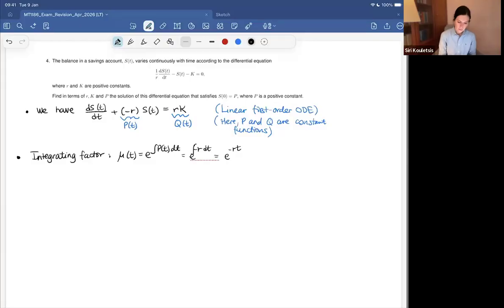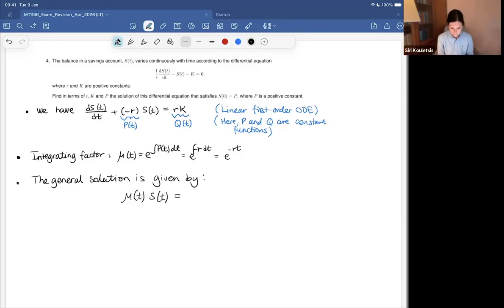Now, we know here that the general solution is given by the following. The integrating factor mu of t times s of t is equal to the integral of mu of t times q of t.